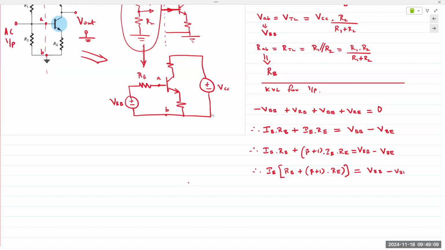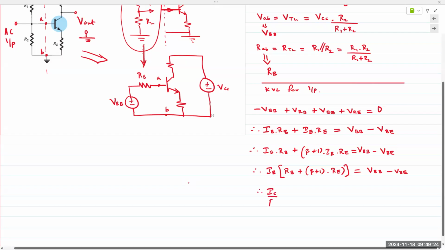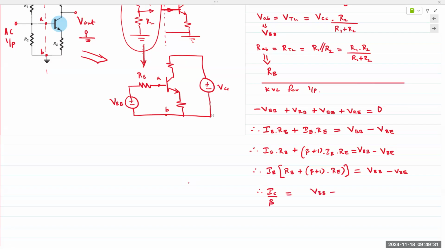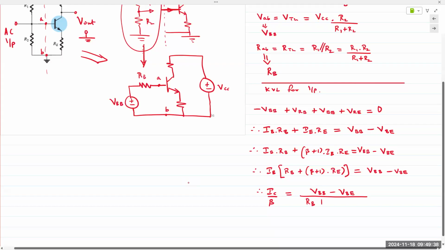VBB minus VBE: I'm going to take everything else except for IB on the other side, and I will replace IB with IC over beta. So IB is replaced with IC over beta, and this becomes VBB minus VBE divided by RB plus (beta plus 1) times RE.